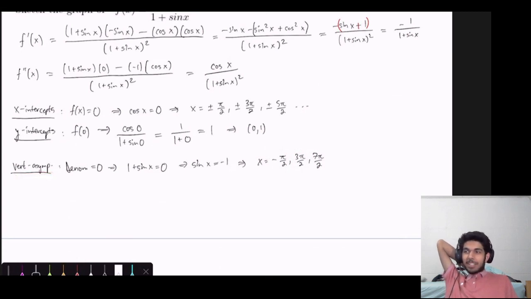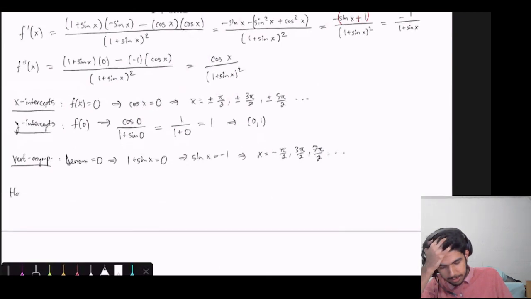And my claim to you is that these values are actually our vertical asymptotes and not x-intercepts. And my challenge for you is to figure out why that's true. So take some time and try to figure that out for yourself. But these are going to be our asymptotes. And note that this list continues on.